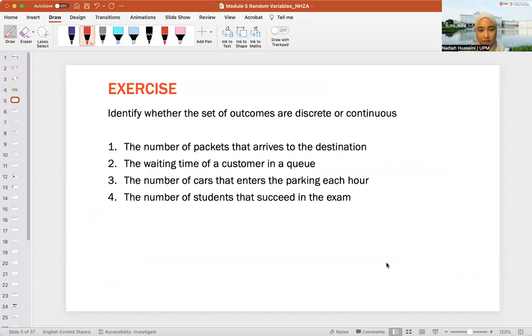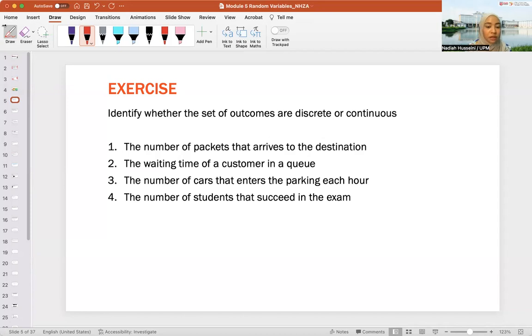Exercise: identify whether the set of outcomes is discrete or continuous. Number one, the number of packets that arrive at the destination. This is discrete, because packets are only 1 or 2 or 3 or 4. You can't have 2.5 packets. Consider them like packets of Maggi noodles: you can't give 1.5 packets.